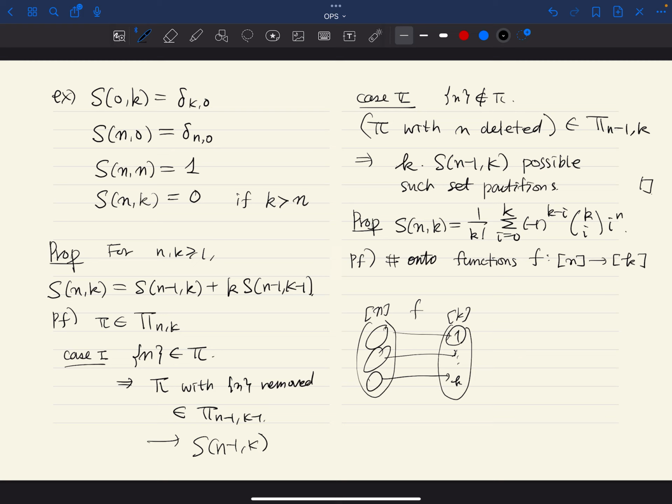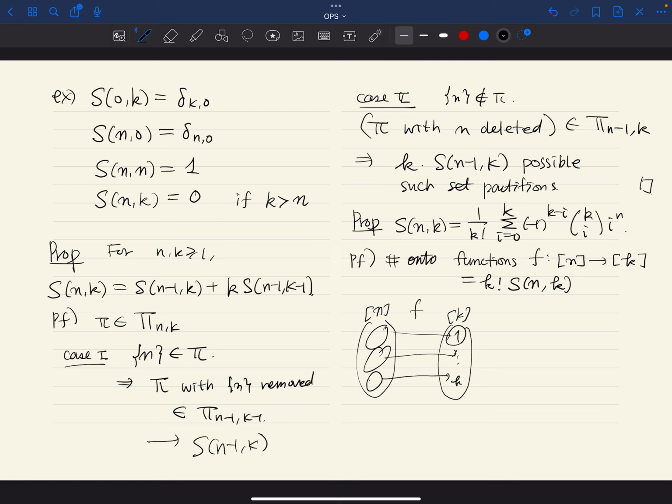So this is S: you partition the whole set into k parts, k blocks. But we have to assign which one goes to 1 and which one goes to 2, so we multiply by k factorial. So this is the number of onto functions, right?